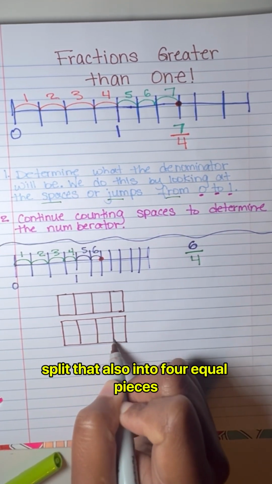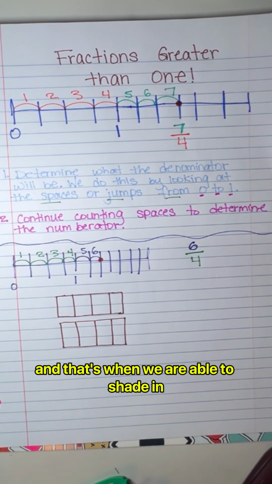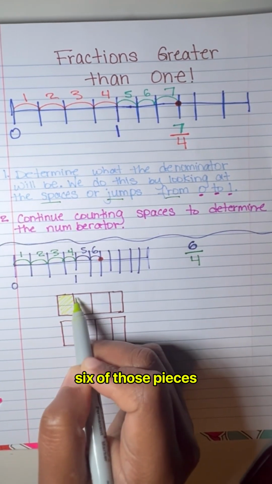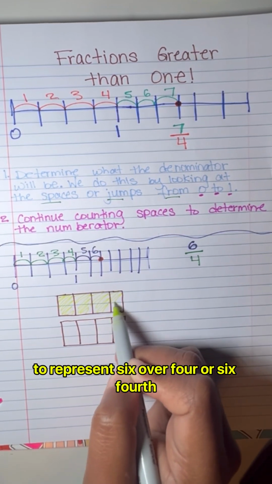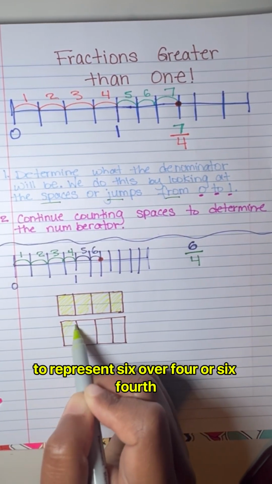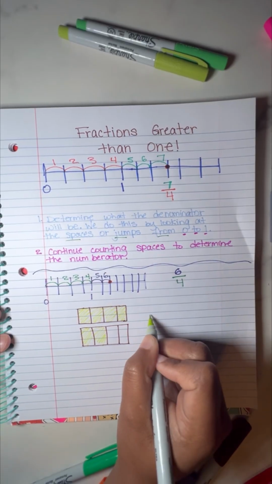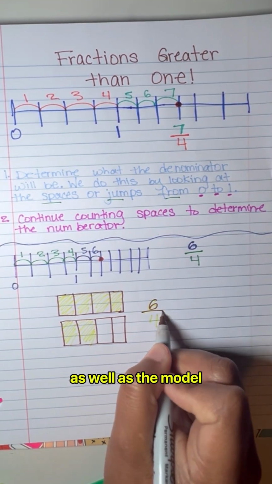Split that also into 4 equal pieces, and that's when we are able to shade in 6 of those pieces to represent 6 over 4, or 6/4. Now we have an example of a fraction on a number line as well as the model.